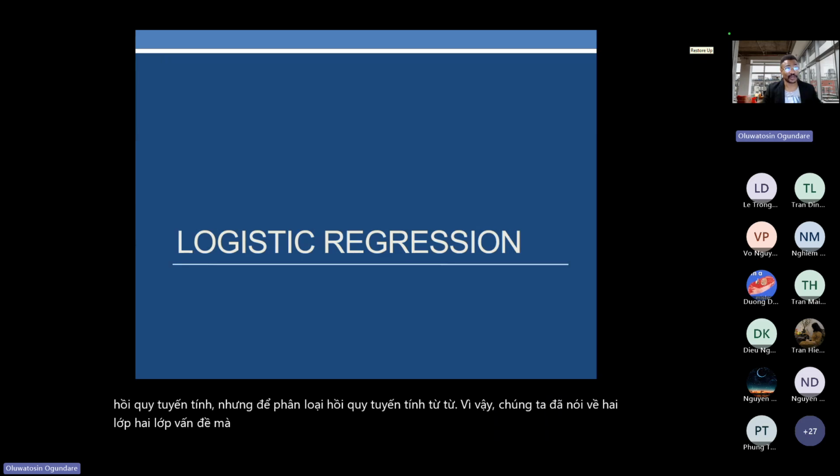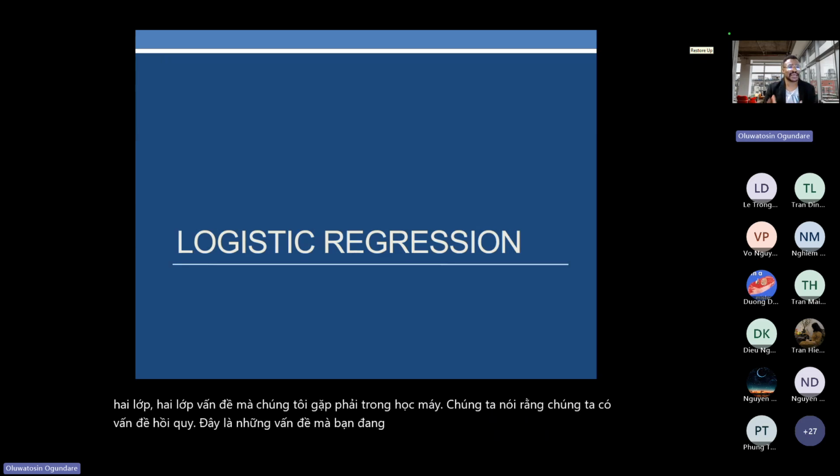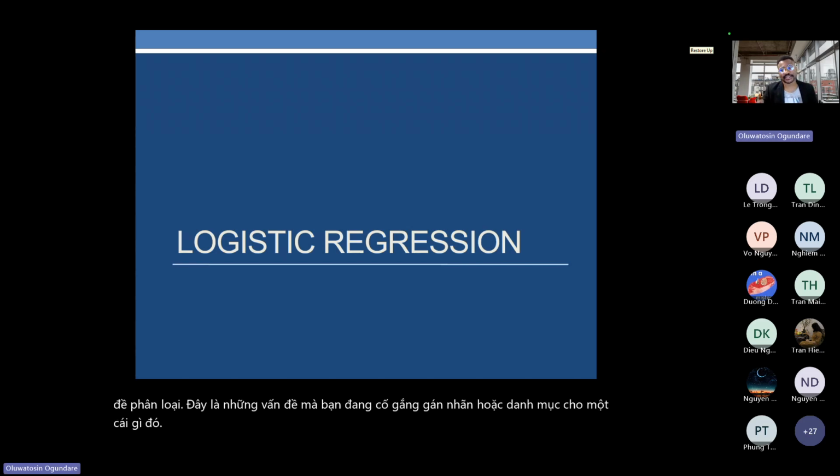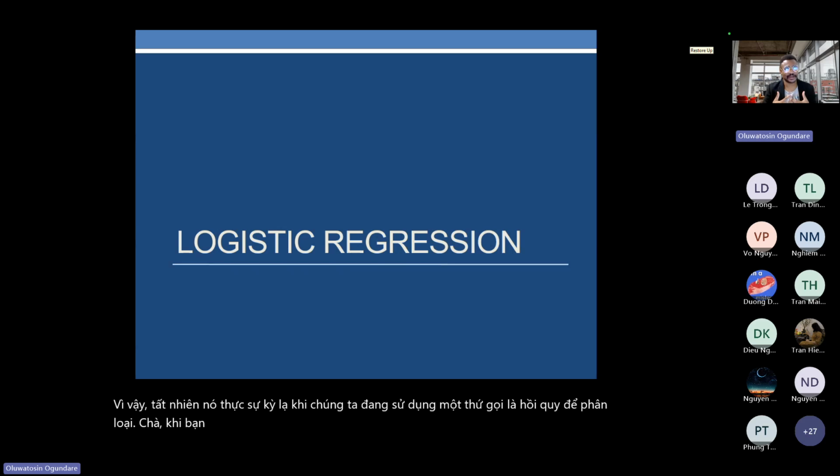We have regression problems, where you're trying to estimate a number. And classification problems, where you're trying to assign a label or a category to something. So of course, it is really weird that we're using something called regression for classification. Well, when you use ideas that are natural to linear regression for classification, we call it logistic regression.